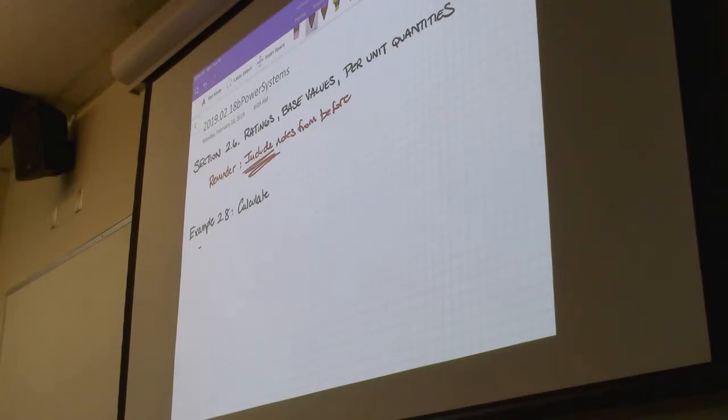Because what I should actually say is calculate the per unit values below. It's an important part of the problem statement. So we have the per phase voltage, we have the load impedance and the load current, and then we have the apparent power.